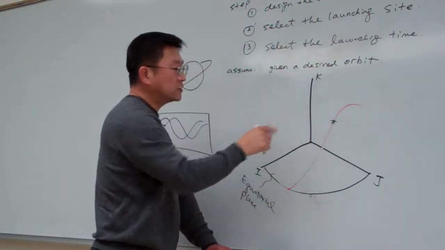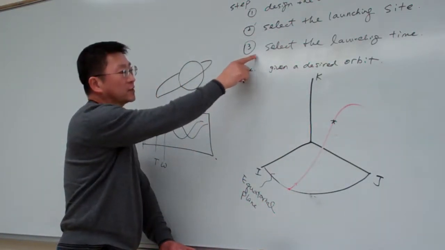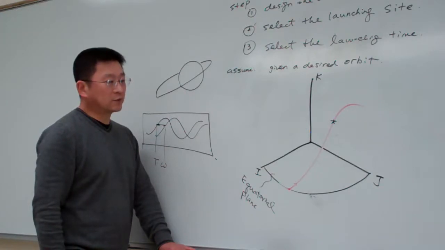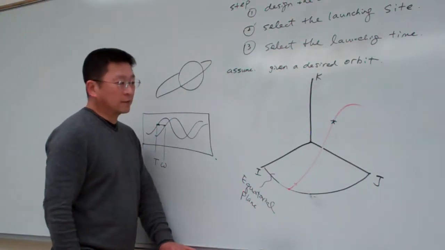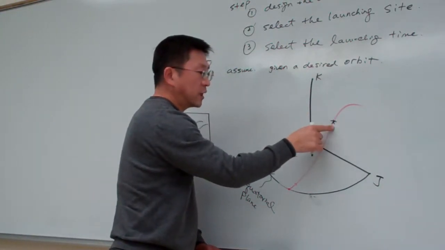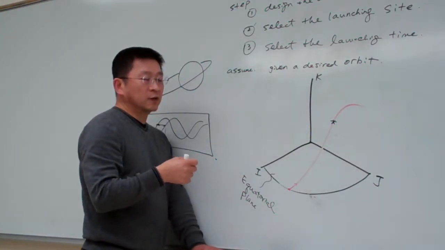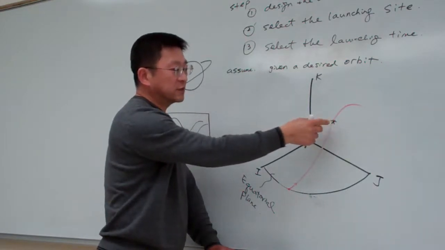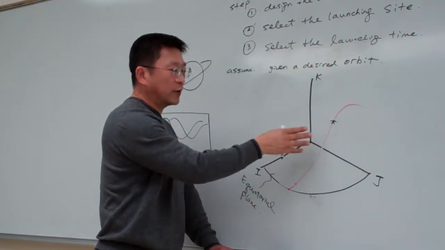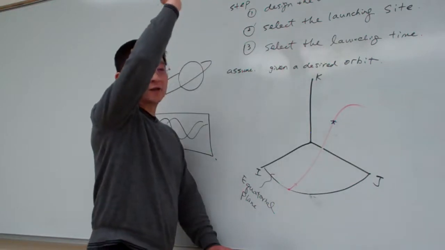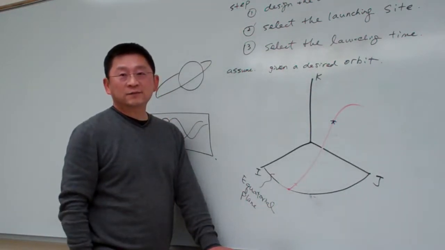Now under these situations, we want to select the launching time. The launching time can be determined like this. Assuming at this moment is a good moment for launch, right at this moment the orbit is right on top of, say, Fairbanks.